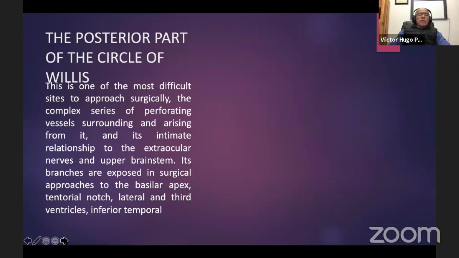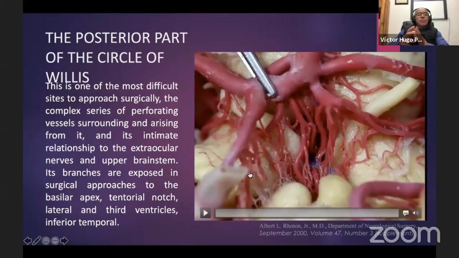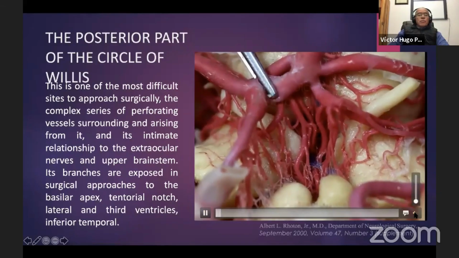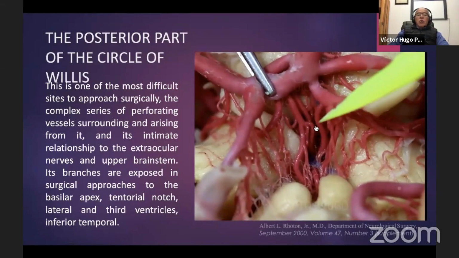The posterior part of the circle of Willis is one of the most difficult sites to approach surgically, because of the complex series of perforating vessels surrounding and arising from it, and its intimate relationship with the upper brain stem and extraocular nerves.